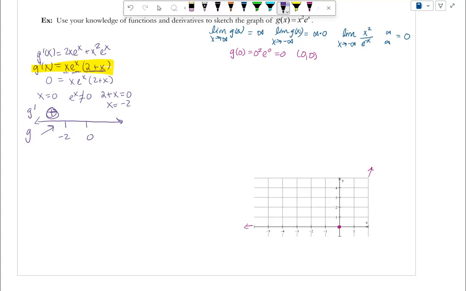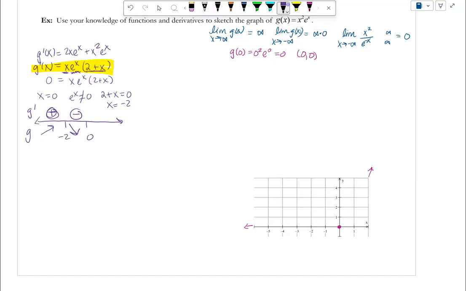If I plug in, let's say, a -1 between -2 and 0, again, x is negative, e to the x is positive, but 2 plus -1 is also positive. So I get a negative times a positive times a positive. That is a negative product for g prime, so g is decreasing.